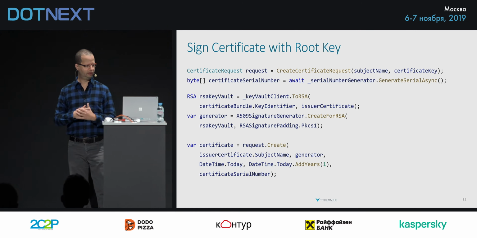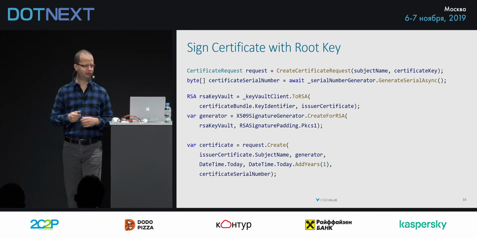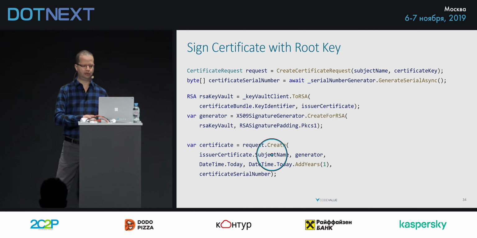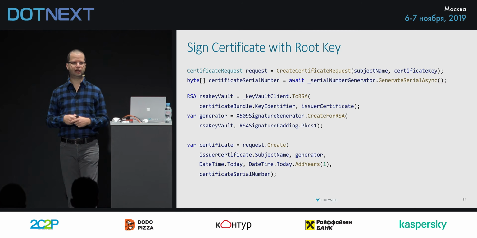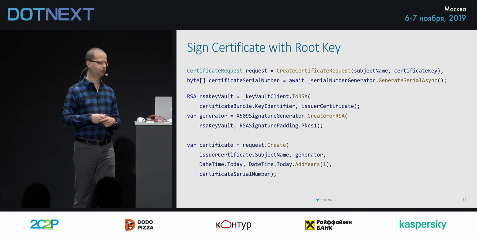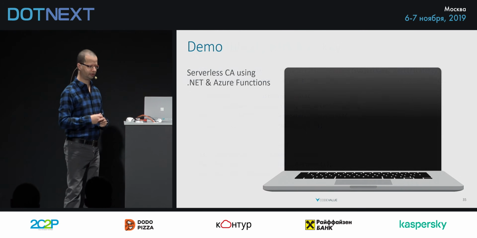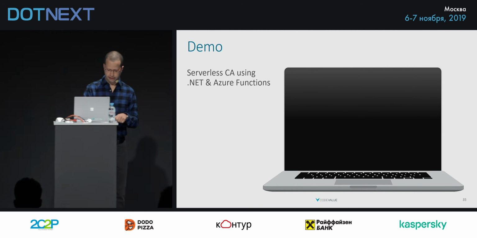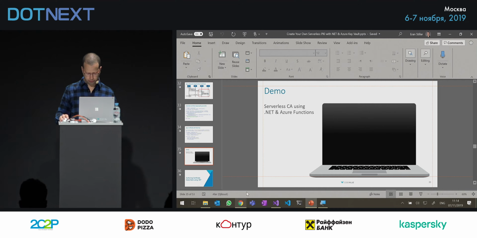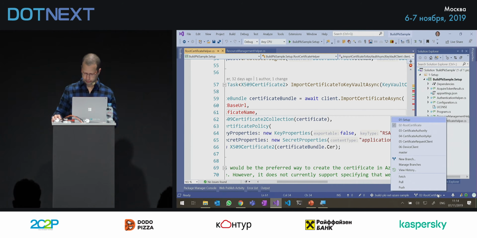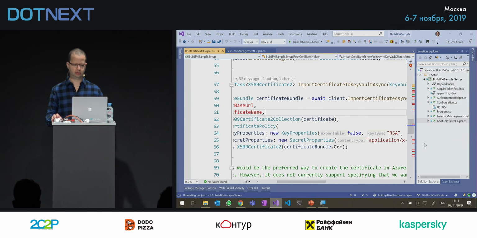And then we go ahead, request.Create, give it the subject name, the signature generator, which references the Key Vault, the validity period, and the serial number, and we get back a signed certificate, which we can then return to our users. So let's see it in action. If I go back to the demo, let me open up the next stage.